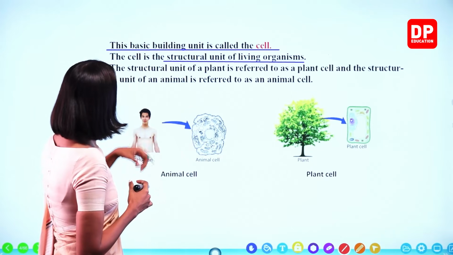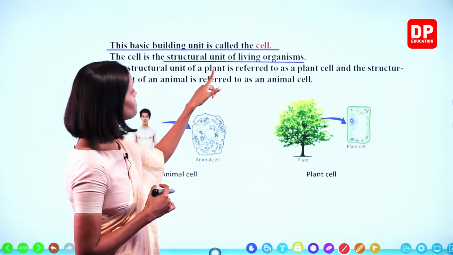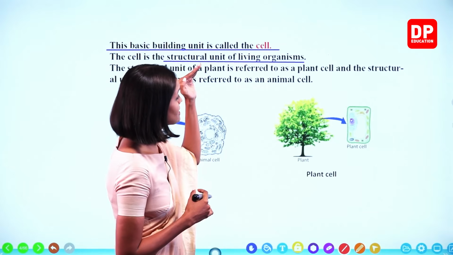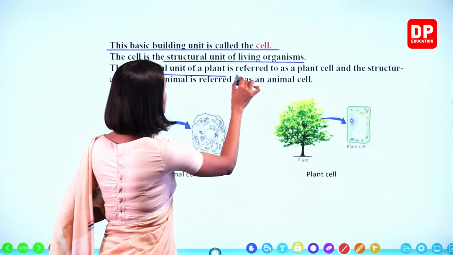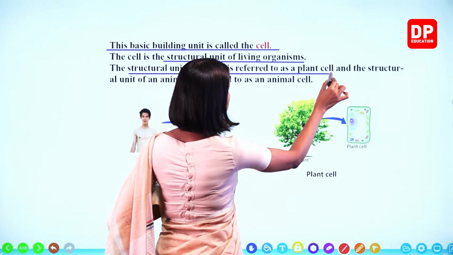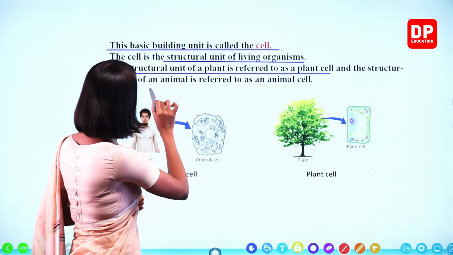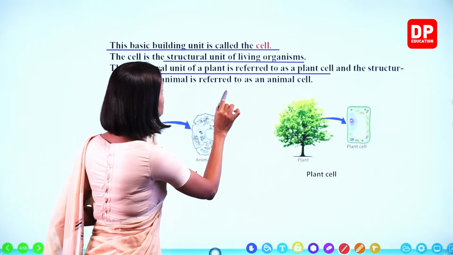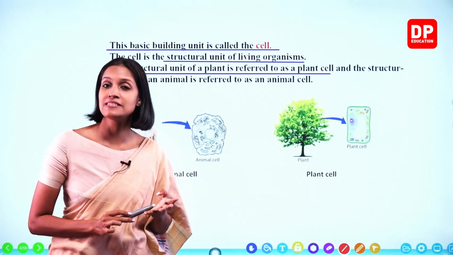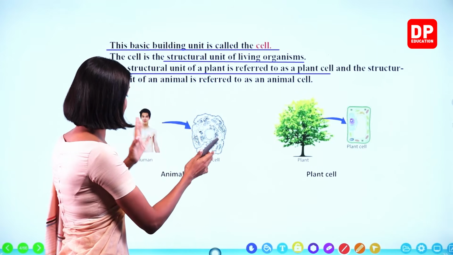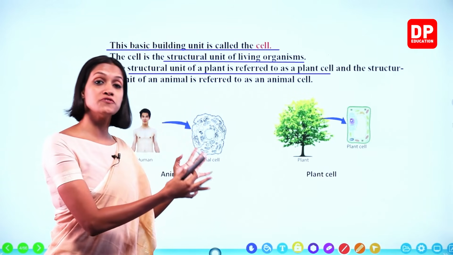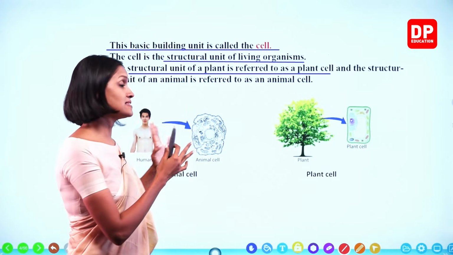Right, children? The structural unit of a plant is referred to as a plant cell. And the structural unit of an animal is referred to as an animal cell. So this year we are going to learn that there are 2 types of cells called animal cells and plant cells.